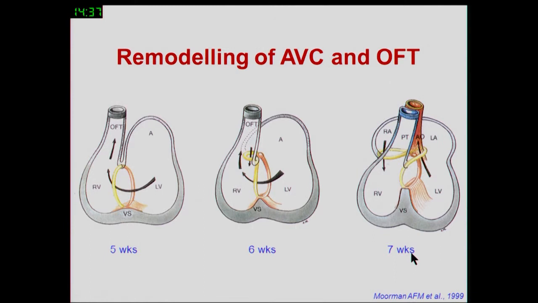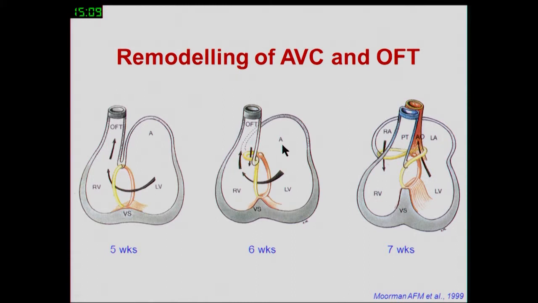Separation from the looped heart is not enough because the atrium is connected to the LV, but not the RV directly. The outflow tract is connected to the RV, but not to the LV directly. In order to have a direct connection of RA to RV, rightward expansion of the inner curvature is required.